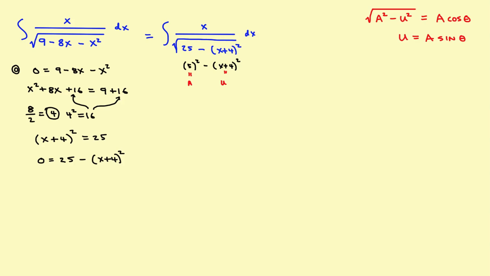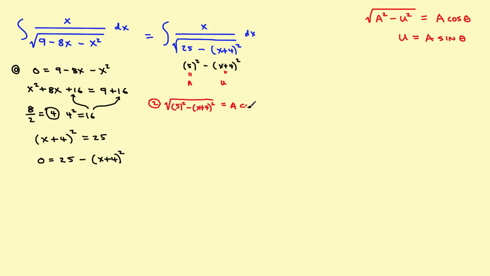So on step 2, and we'll do it in red like we've done in the other problems. So step 2 says the square root of 5 squared minus x plus 4 squared is going to be equal to, and you can set it equal to a times the cosine of theta.